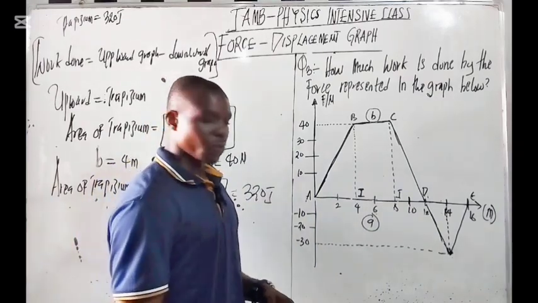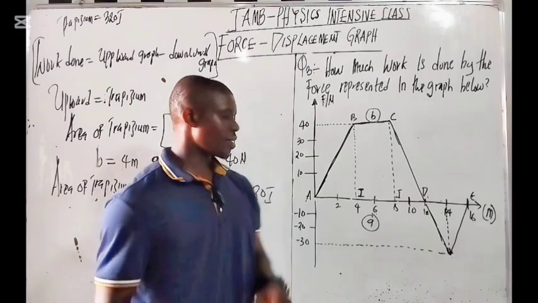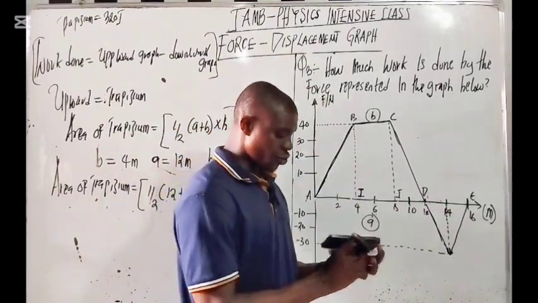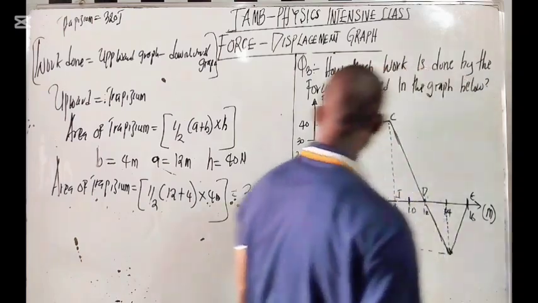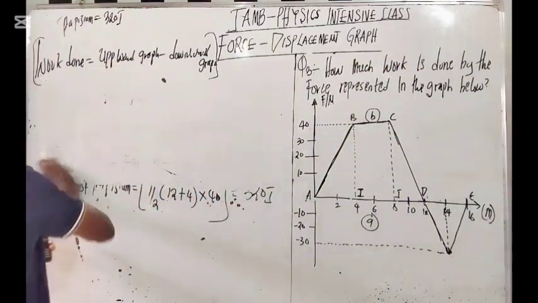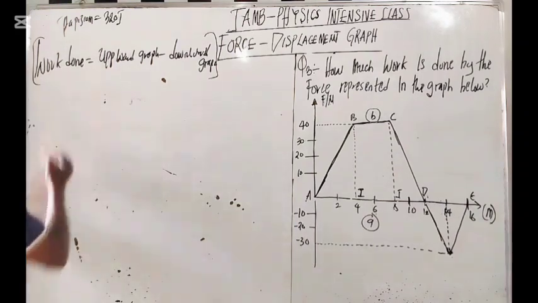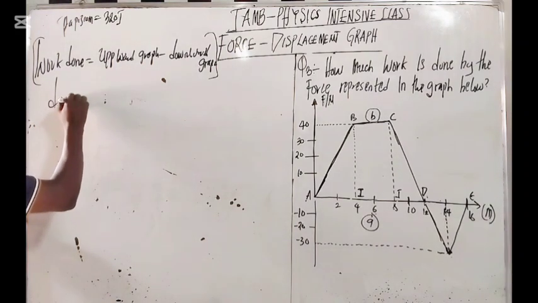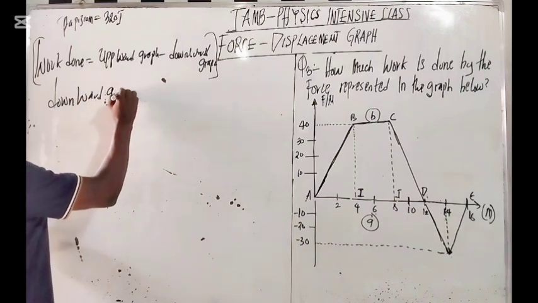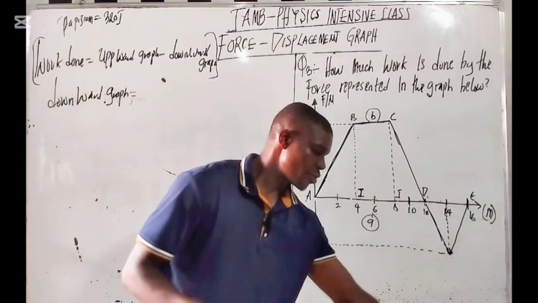If you look at the downward very well, we have two triangles here, the first triangle and the second triangle. The downward graph is two triangles.